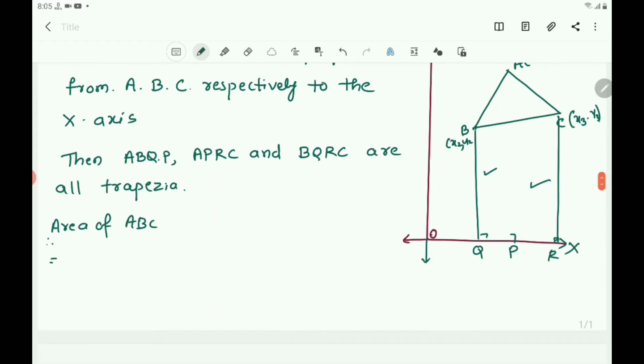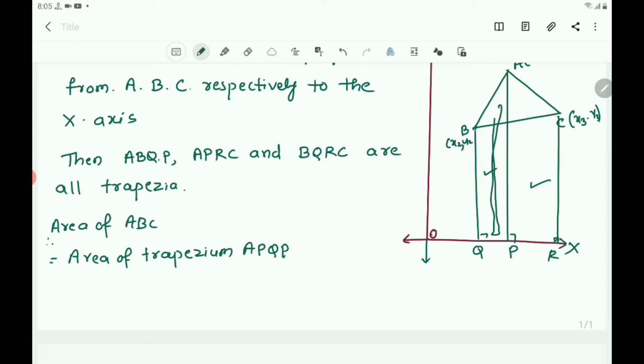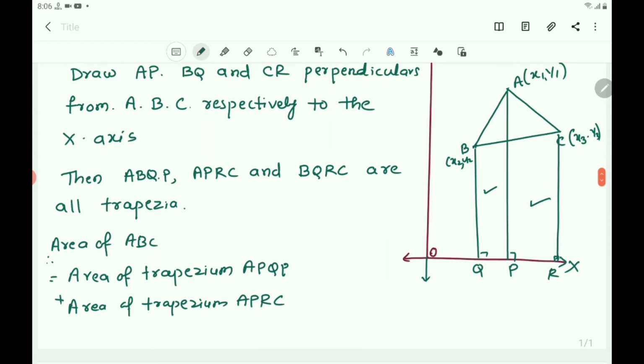what you can write? Area of trapezium ABQP, plus area of trapezium APRC.